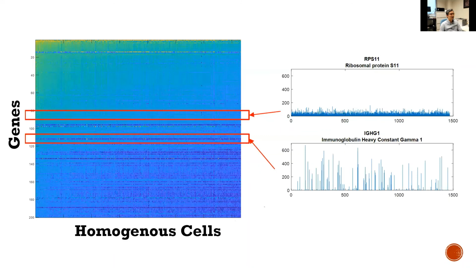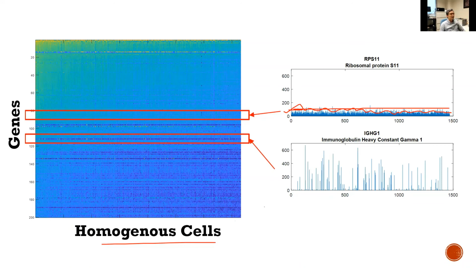When we plot them out, we see this gene is uniformly expressed across all cells in this homogeneous population, at a relatively low value, but globally across the whole population the expression level is high enough.